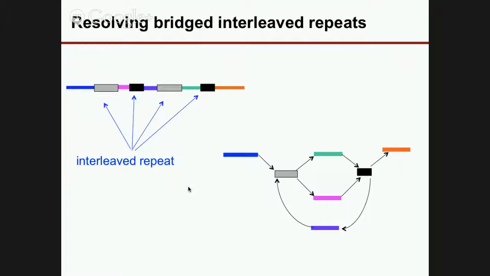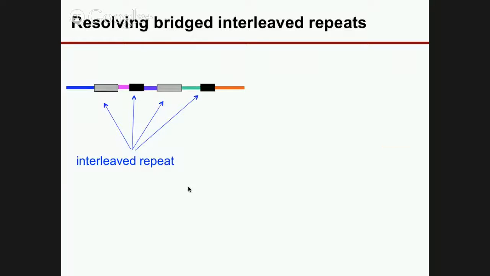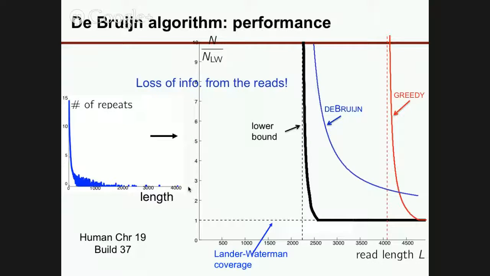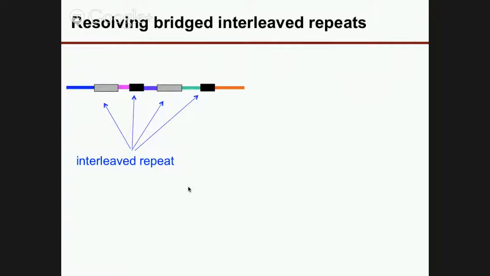That means I need a huge number of reads to get so many reads so close together. Now I want to reduce the number of reads I need. I want to go down this curve. To reduce the number of reads I need, I have to cut down on k. I want to make k smaller than this number. So now I'm going to show you how I can make k smaller than this number and still be able to reconstruct the interleaved repeat.